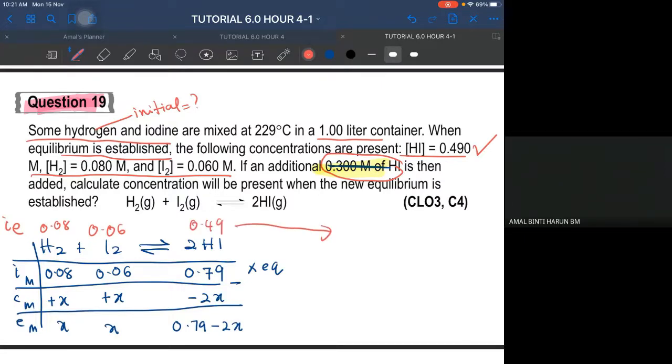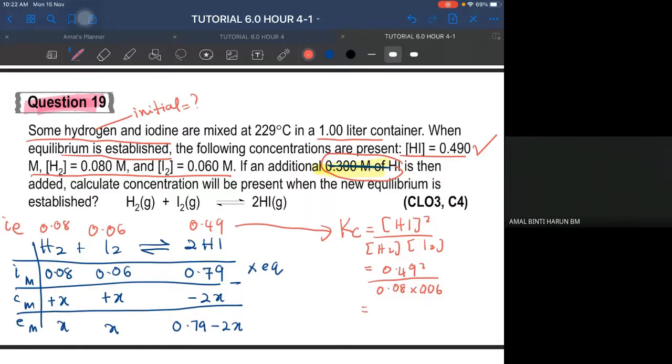So kita boleh cari KC, which is HI power of 2 divided by concentration H2, concentration I2, substitute 0.49 square divided by 0.08 times 0.06.